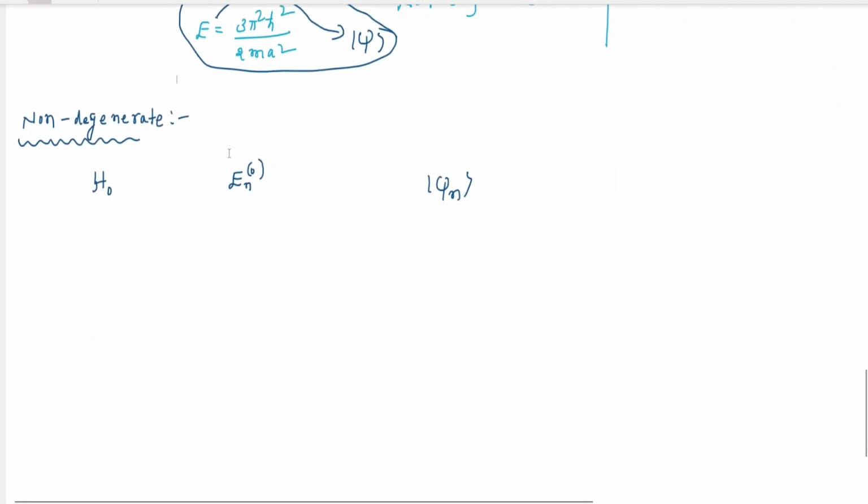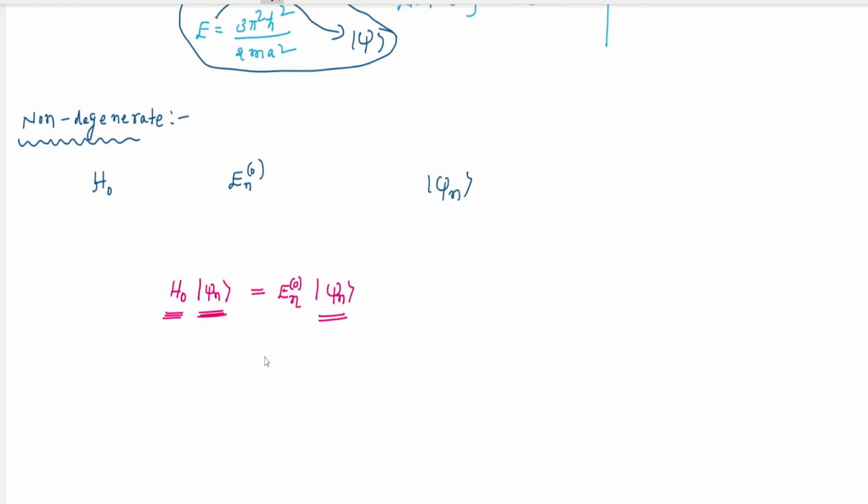In that case, we write the Hamiltonian of the system, H naught, acting on the wave function, and we get the eigenvalue equation: the same wave function multiplied by a constant value. Be careful here, I am using some different notations.